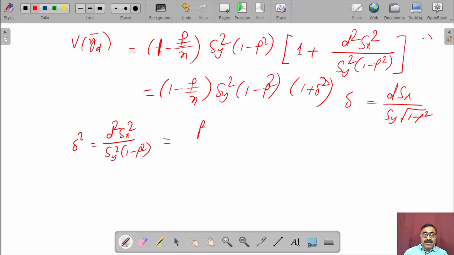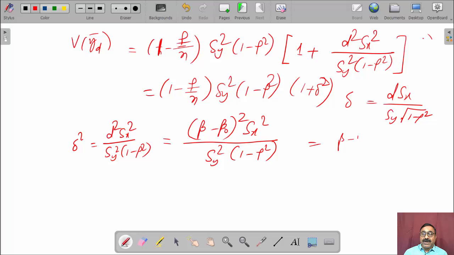δ² equal to d² sx² by sy² into (1 − ρ²), that is equal to (β − β0) whole square sx² by sy² into (1 − ρ²). So that is equal to (β − β0)² into sx² by sy² into 1 by (1 − ρ²).